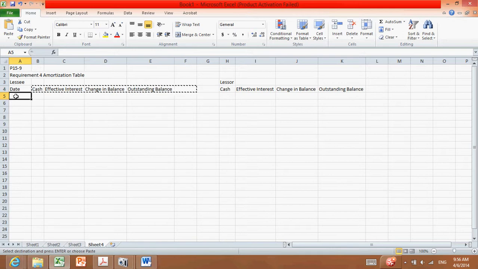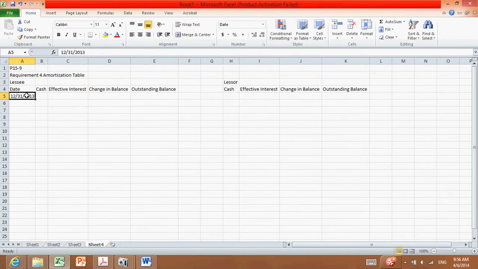So the date 1, 12/30/2013. The beginning balance will be the present value of the lessee's lease payments, which does not include the present value of the residual value. So that number will be 348,685.